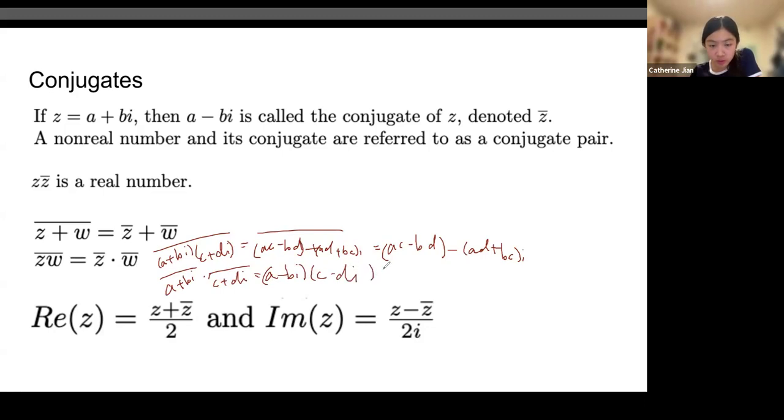And again, we see that this is going to be equal to AC minus BD minus AD plus BCI. So we see that these two are also equal, so this third property is true.